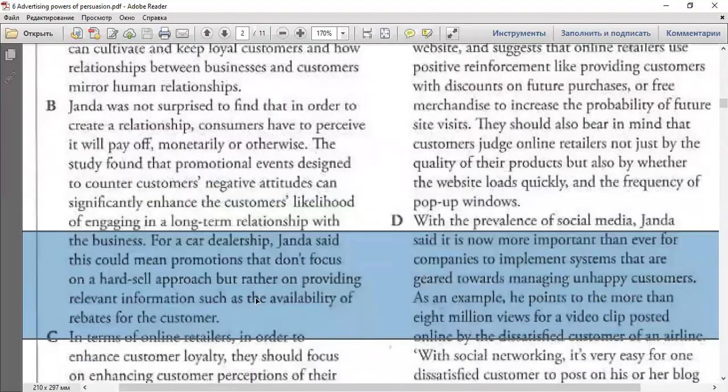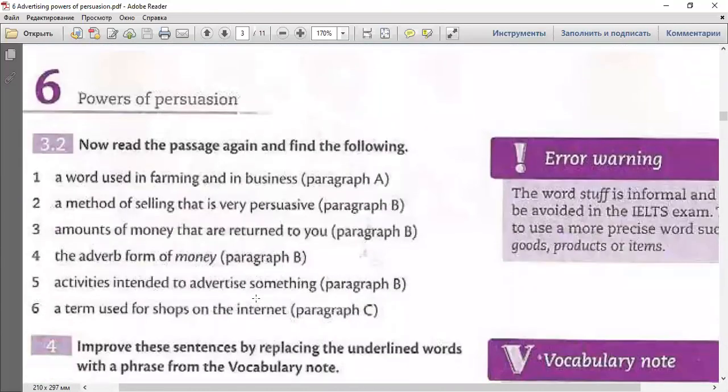Okay, so now please read the passage again and find the following words. So a word used in farming and in business. Paragraph A, I actually mentioned this, that it comes from agriculture. I mentioned it in the beginning of the class. Then a method of selling that is very persuasive, that's paragraph B. Amounts of money that are returned to you, that's paragraph B also. The adverb form of money. Paragraph B, and activities intended to advertise something, paragraph B, and a term used for shops on the internet.